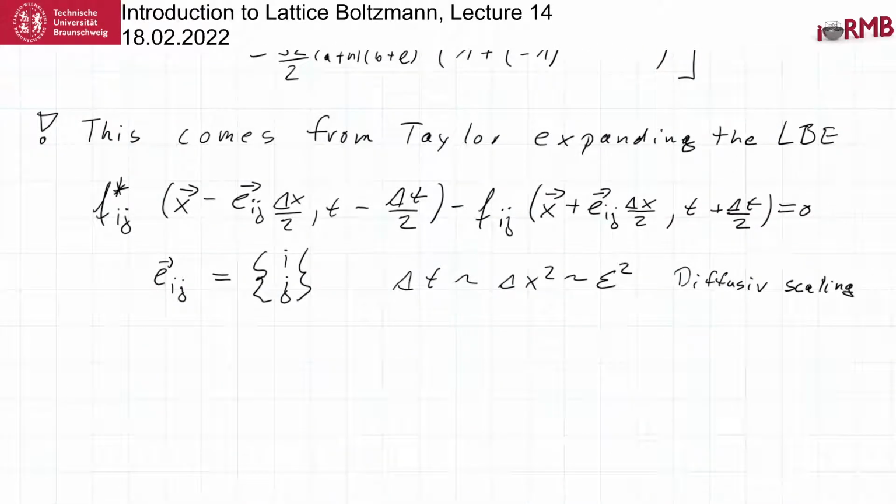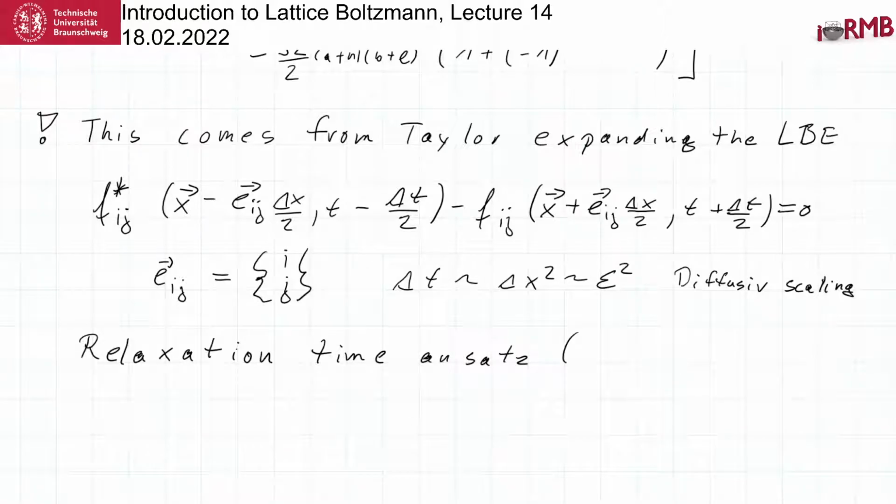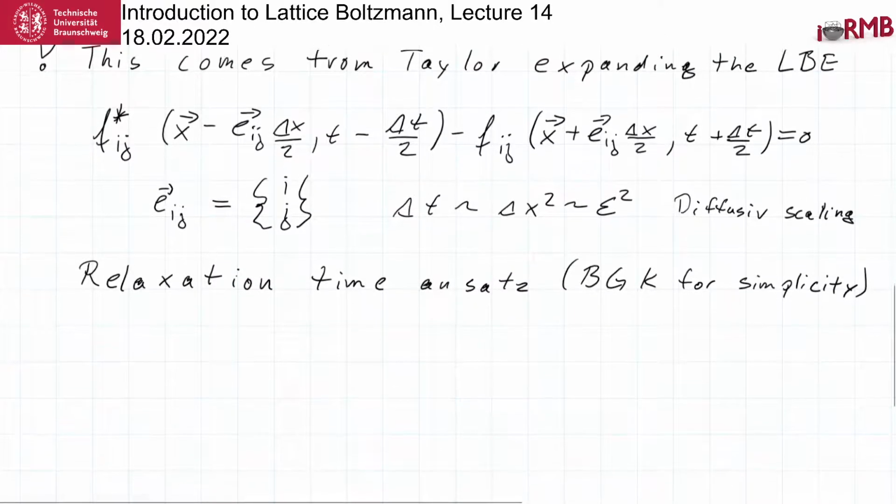So now we solve the Lattice Boltzmann equation with a relaxation time approximation, where we usually have several relaxation times. But for simplicity now, to finish within 1.5 hours, we use the BGK, so only one relaxation time. We come to two relaxation times later in the lecture.